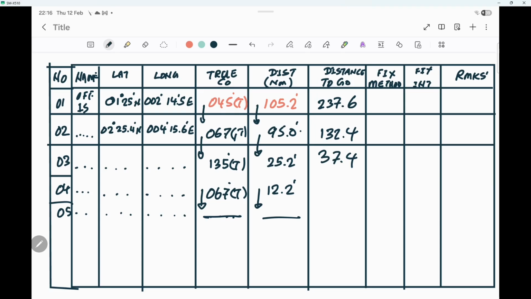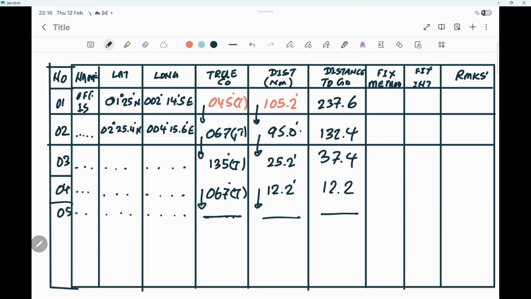And 37.4 minus 25.2 will give you waypoint 4 to waypoint 5, which should be 12.2. So again, waypoint 4 to waypoint 5 is 12.2.